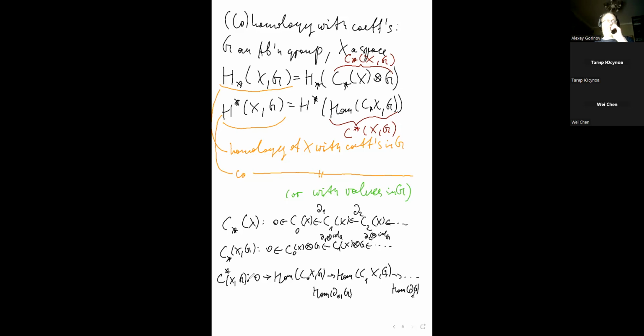What is the Hom between the differential and the group? Well, this means the functor Hom to G applied to the map delta naught.